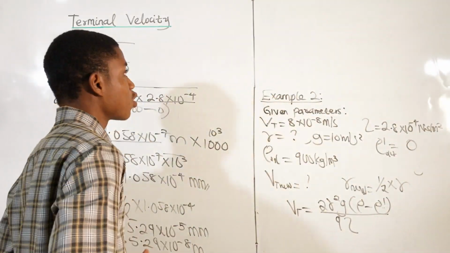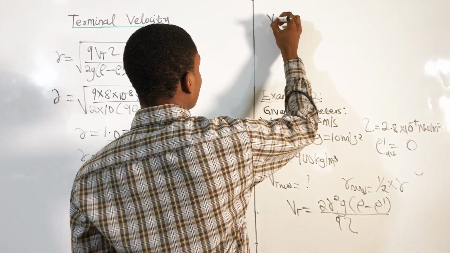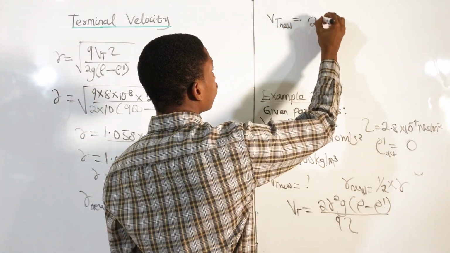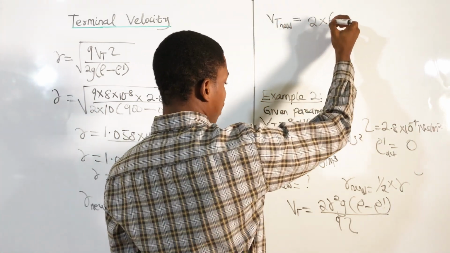So now we're going to substitute to find the new terminal velocity, which is 2 multiplied by the bracket.